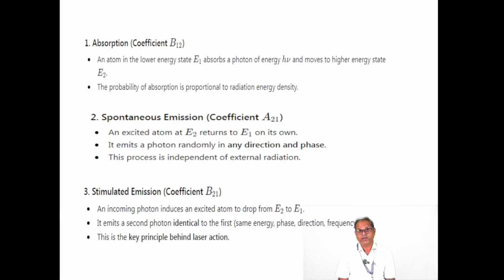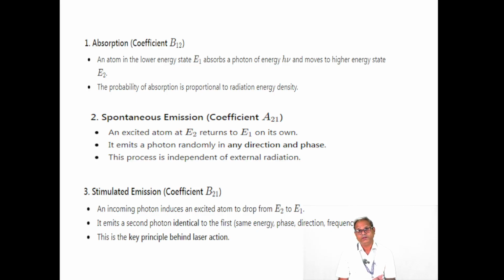The rate of spontaneous emission depends only on the number of atoms present in the excited state. So, you can say that the rate of spontaneous emission is proportional to N2, the number of atoms in the excited state.